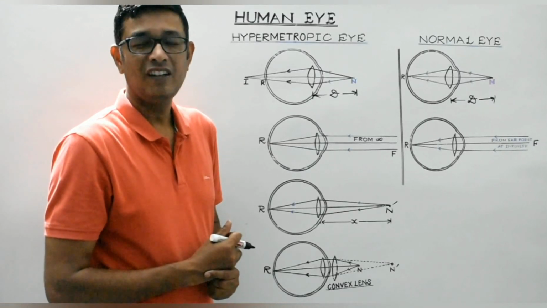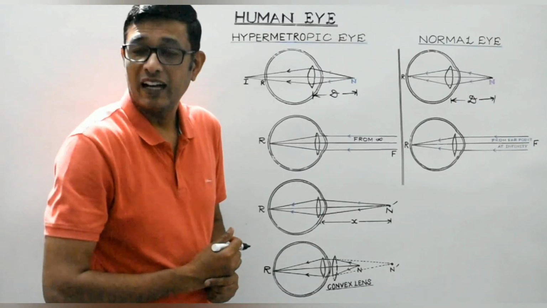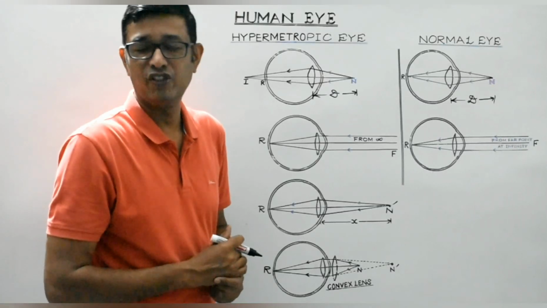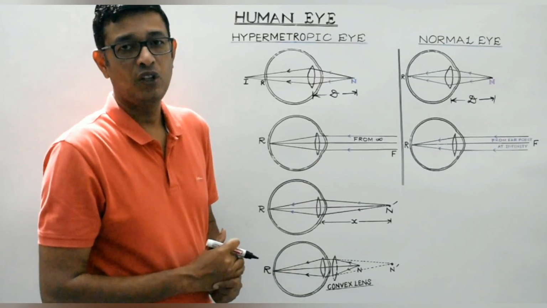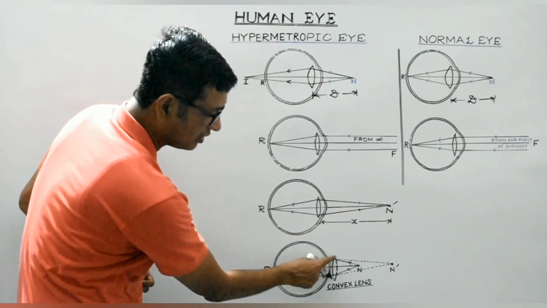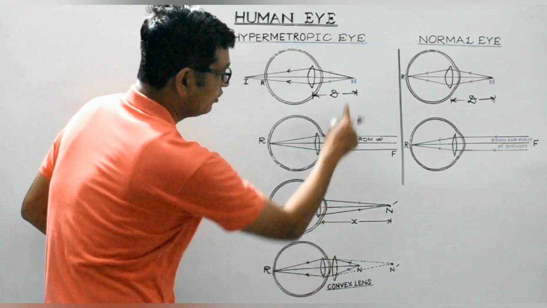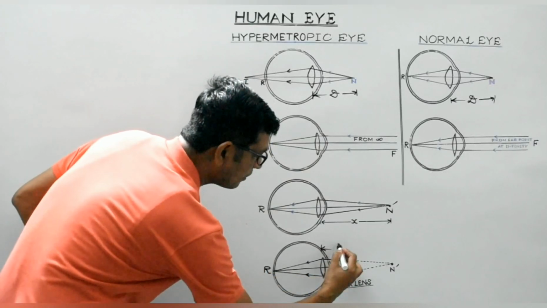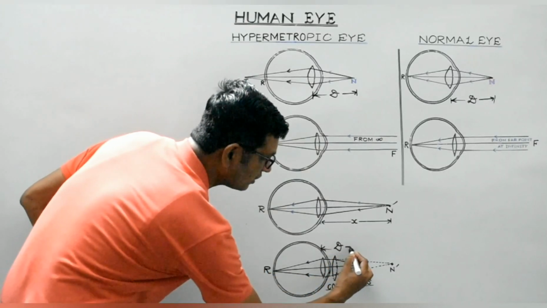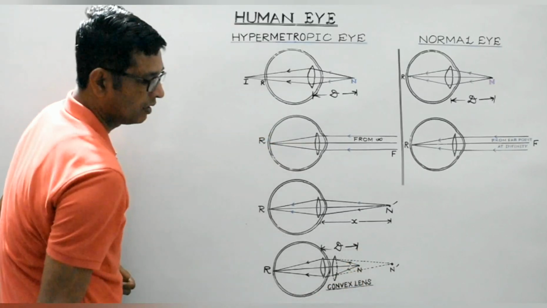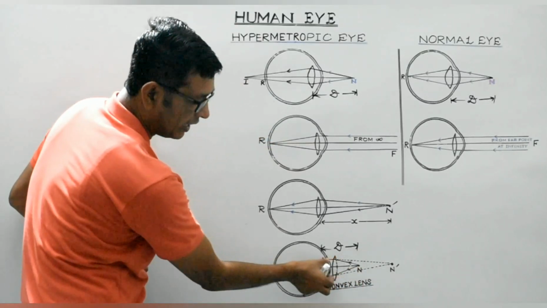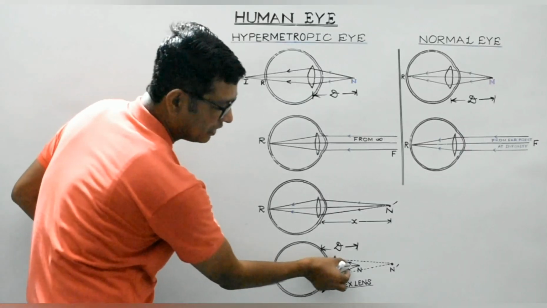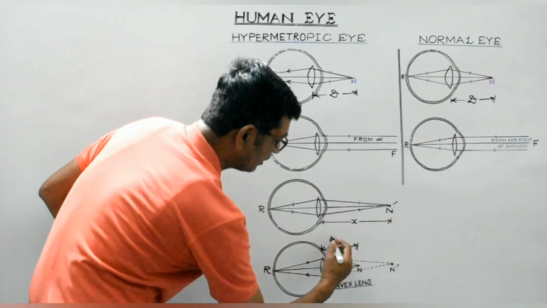So now, how to cure it? How to cure a hypermetropic eye? For that, a convex lens, that is a converging lens, is to be used. Now, if the object is placed at this particular point, which is at a distance capital D, the least distance of distant vision for a normal eye, then after refraction, the image is formed exactly at the retina, and its virtual image is formed at the near point, which is x.